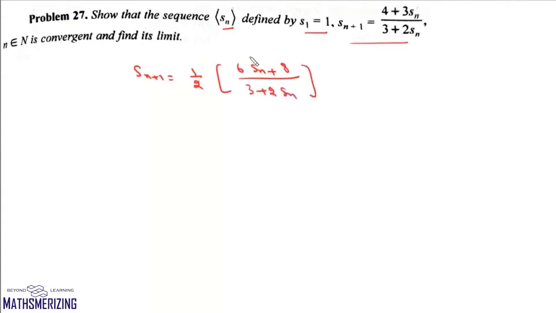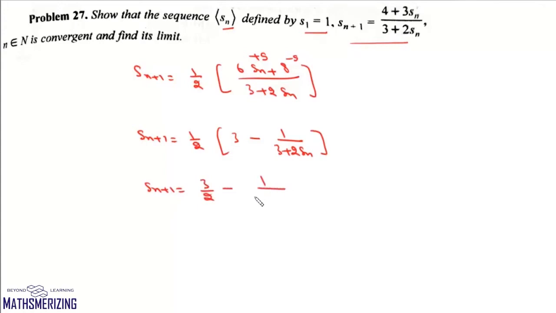Now we'll add 9 and subtract 9. We can write Sn plus 1 as 1 by 2, and now we'll take this 3 common, so it'll be 3 and then minus 1 upon (3 plus 2 Sn). So this Sn plus 1 will be 3 by 2 minus 1 by 2 into (3 plus 2 Sn).